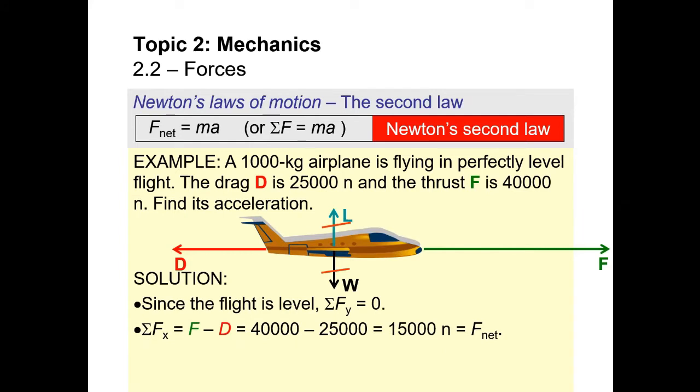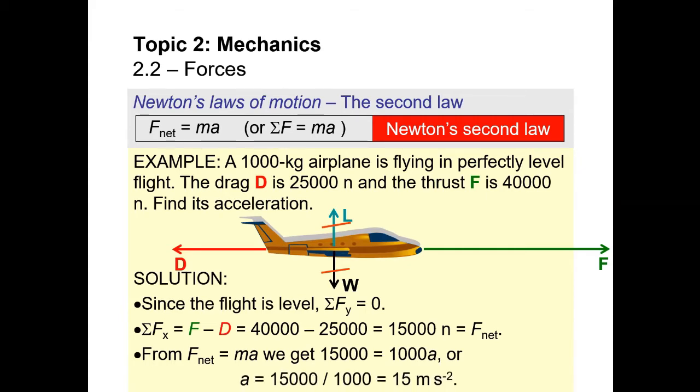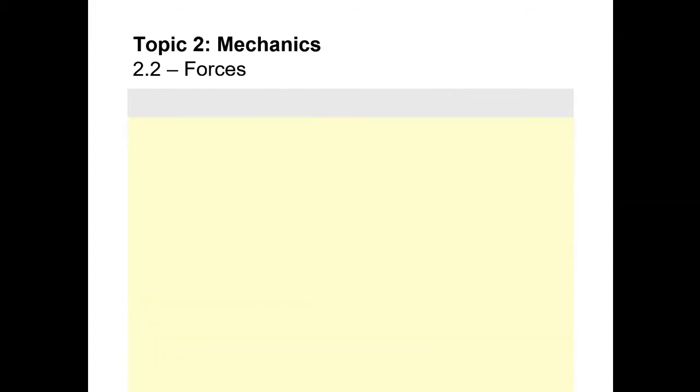And the resultant force in x component equals thrust minus drag force. Thrust is 40,000 and drag is 25,000, so the net force is 15,000. Net force equals mass times acceleration, the net force is 15,000 and the mass is 1,000, so the acceleration is 15 meters per second squared.